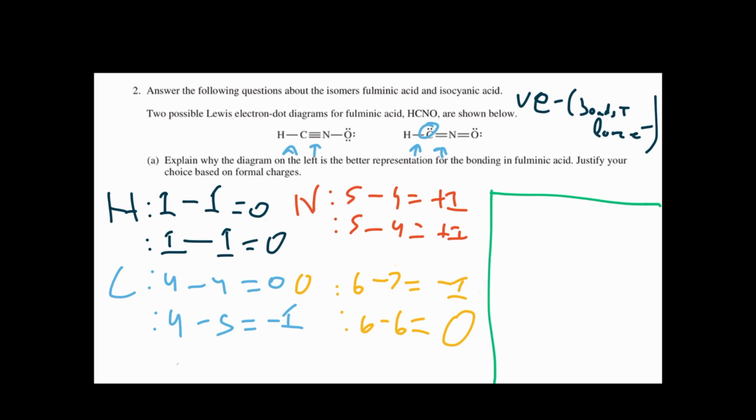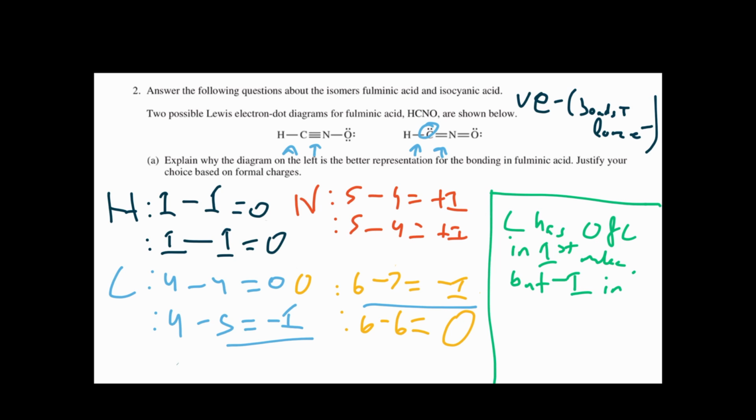So we see here that carbon has a -1 here, but oxygen has a -1 here. Remember that we always want our more electronegative atoms to have the formal charge, and we want the less electronegative atoms to always be 0. So our answer is going to be that carbon has 0 formal charge in the first molecule, but -1 in the second.